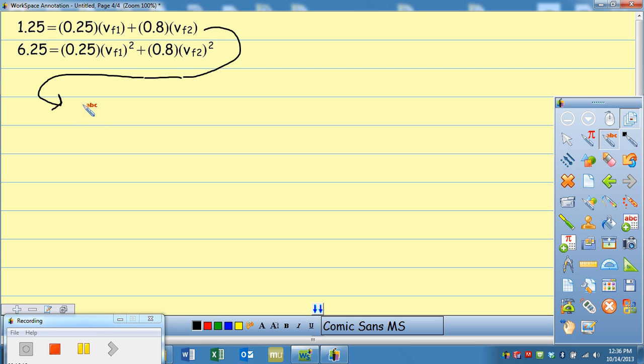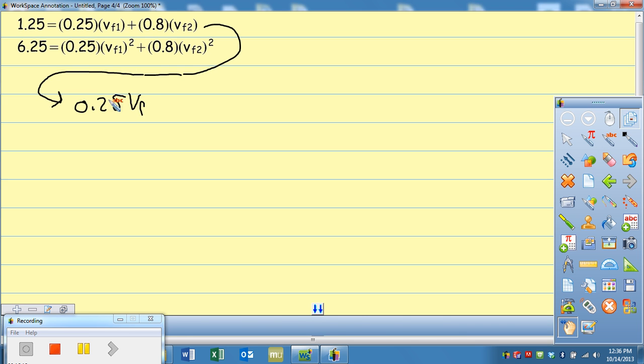So, for instance, we could say 0.25 V final 1 equals 1.25 minus 0.8 V final 2.